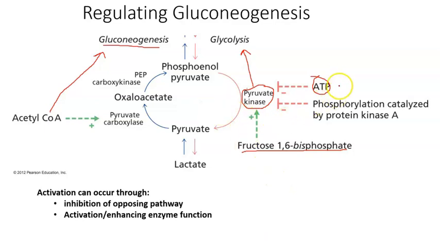And now let's look at ATP here. If we have ATP, it can act as an inhibitor of the pyruvate kinase. And that makes sense to some extent.